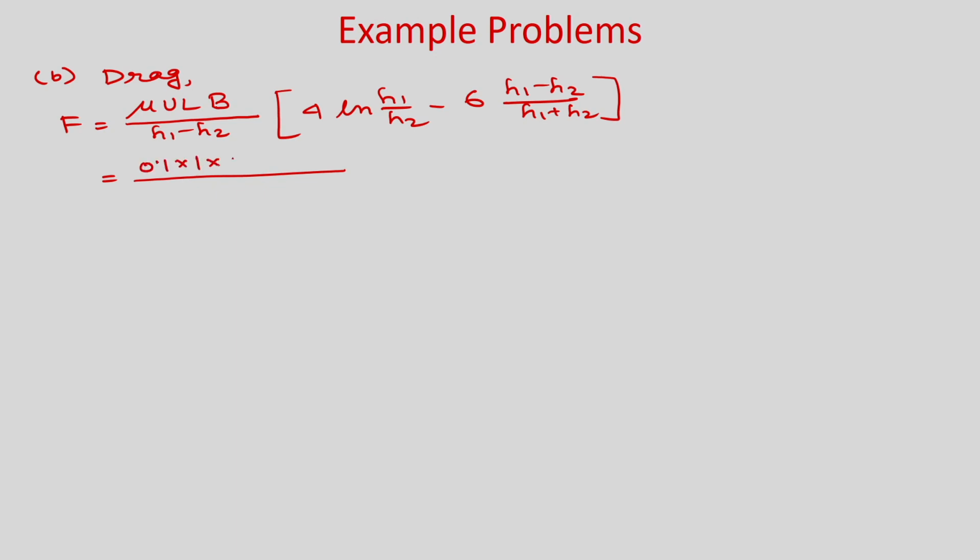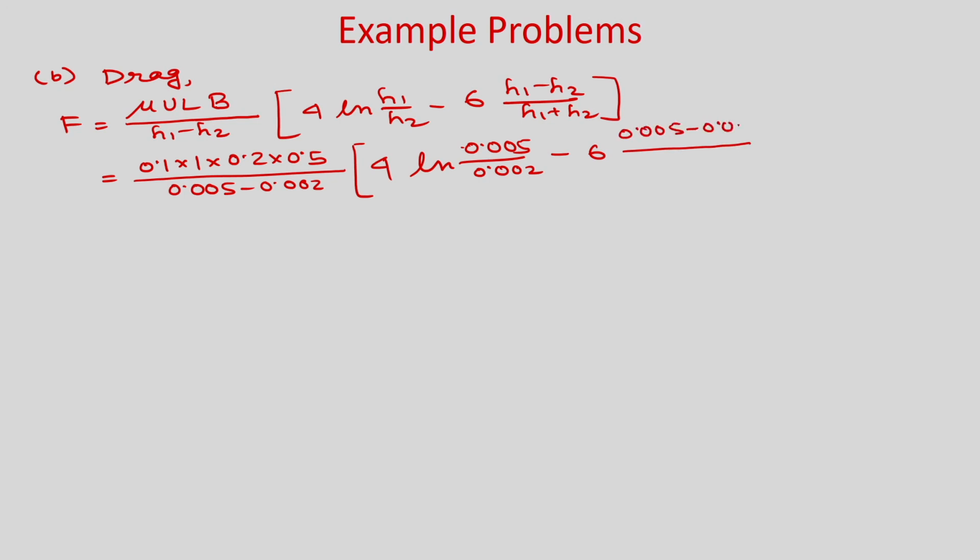0.1 into 1 into L 0.2, width is 0.5 divided by (0.005 minus 0.002) into 4 ln 0.005 divided by 0.002 minus 6 (0.005 minus 0.002) divided by (0.005 plus 0.002).